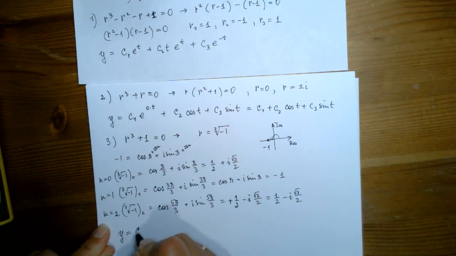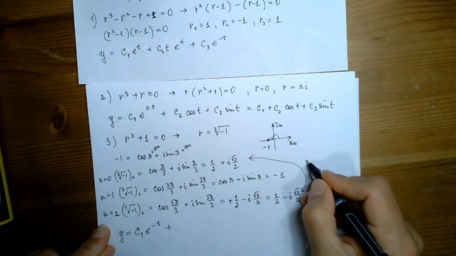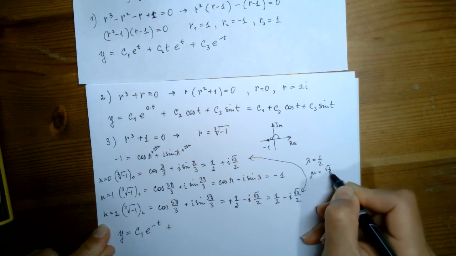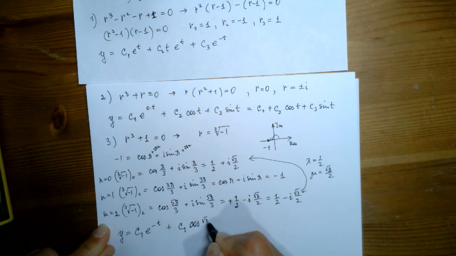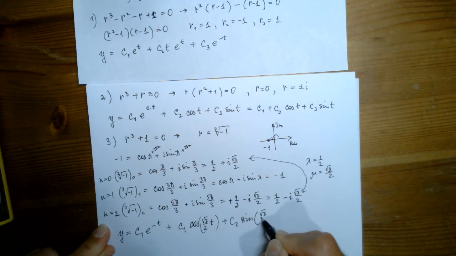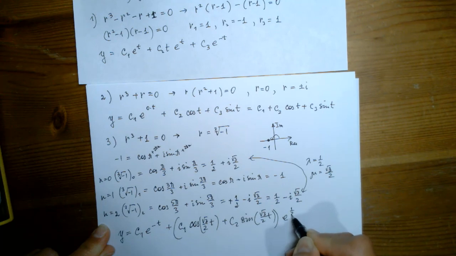So y equals c1 e to the power of negative t plus, from these two conjugate solutions, lambda equals 1 over 2 and mu equals square root of 3 over 2. So I'm going to write down c1 cosine of square root of 3 over 2 t plus c2 sine of square root of 3 over 2 t, and the exponential factor e to the power of 1 over 2 t.